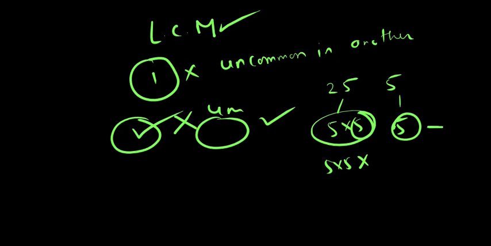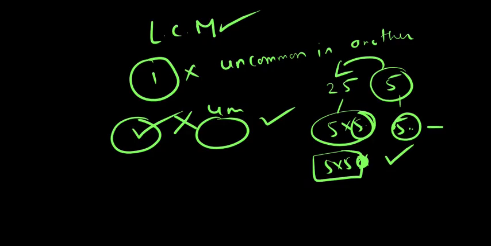Just 5 into 5 is going to be its LCM. Saying there is no uncommon means 5 is a factor of 25. That's why there is no uncommon here, right? And 5 is a factor of 25, that is, 25 is a multiple of 5.